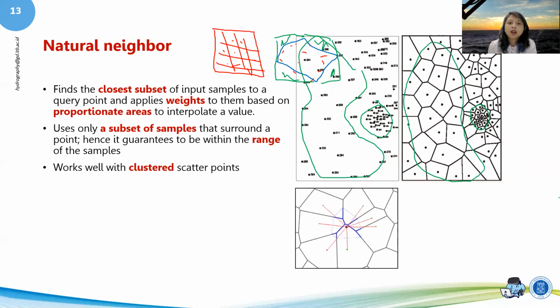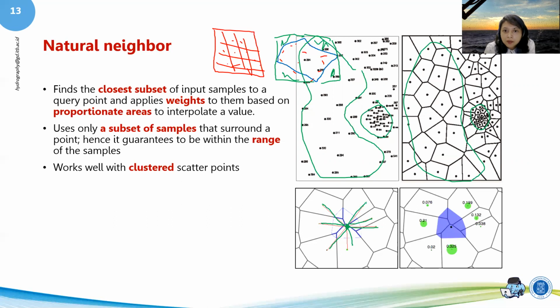So from there, for example, how do you actually put a number on this? You basically try to see the distance from here to the closest irregular grid points, okay? And then afterwards, you will have something like that, okay?